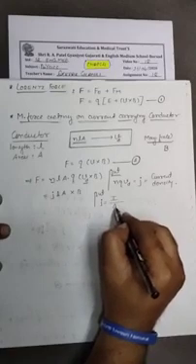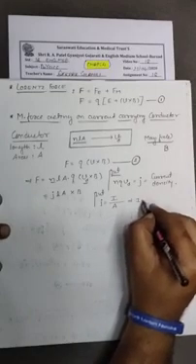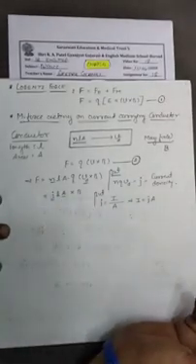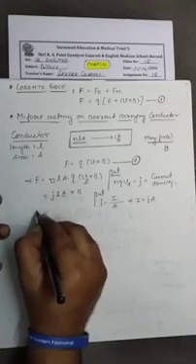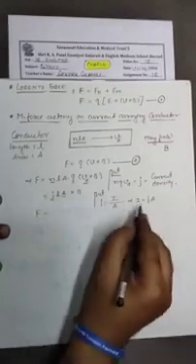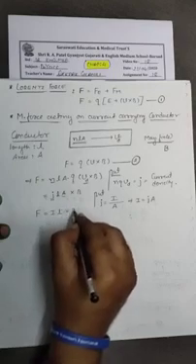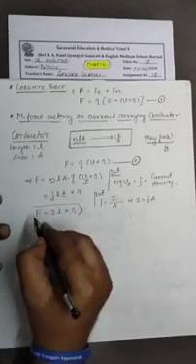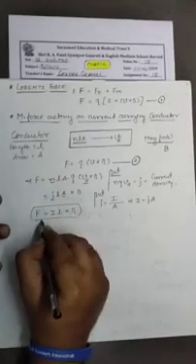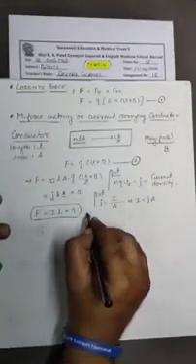Make I the subject, so I is equal to J A. So in the equation of magnetic force F, instead of J A, you will say I, that is I multiplied by L cross B. So we have the equation of magnetic force acting on a current carrying conductor. Give it equation number 3.